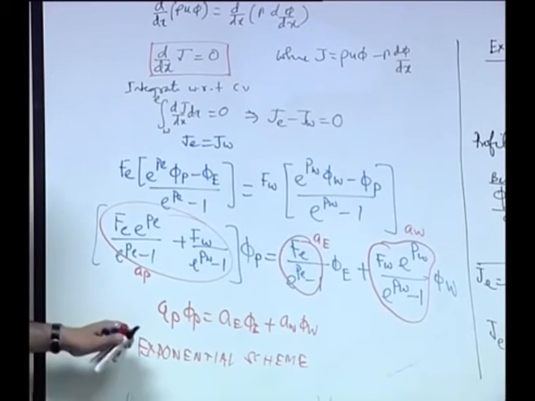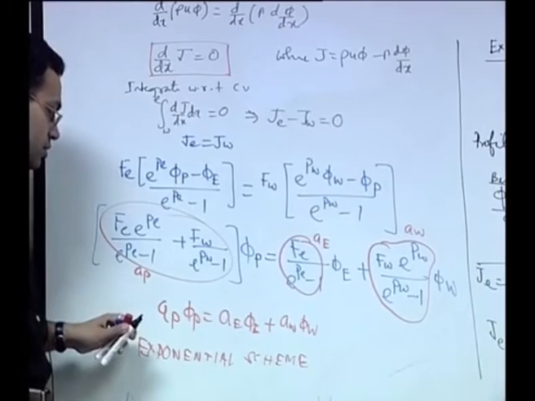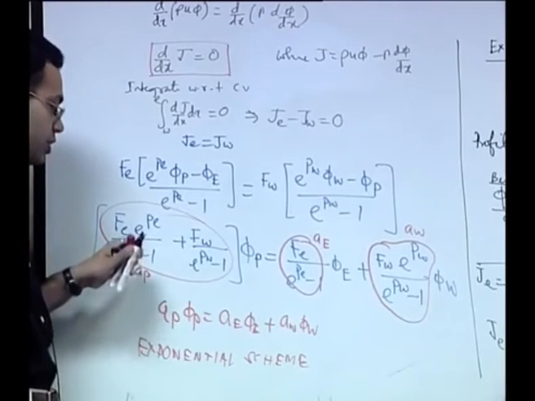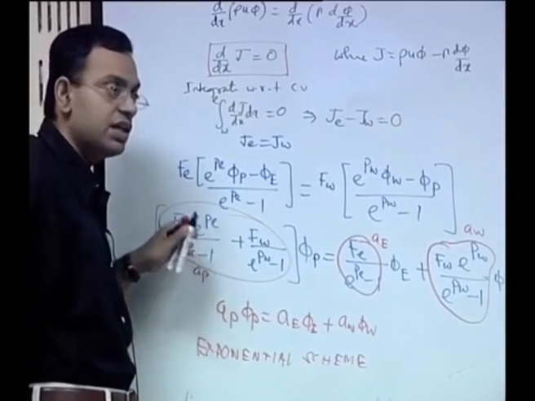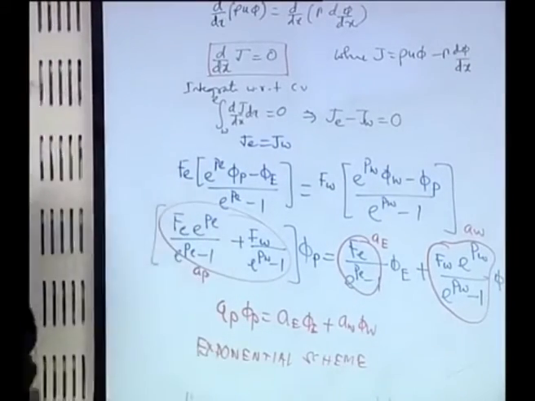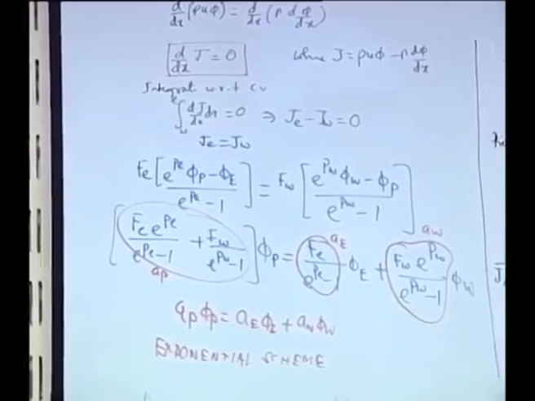The name stems from the fact that you have exponential variation of the coefficients as a function of the cell Peclet number.